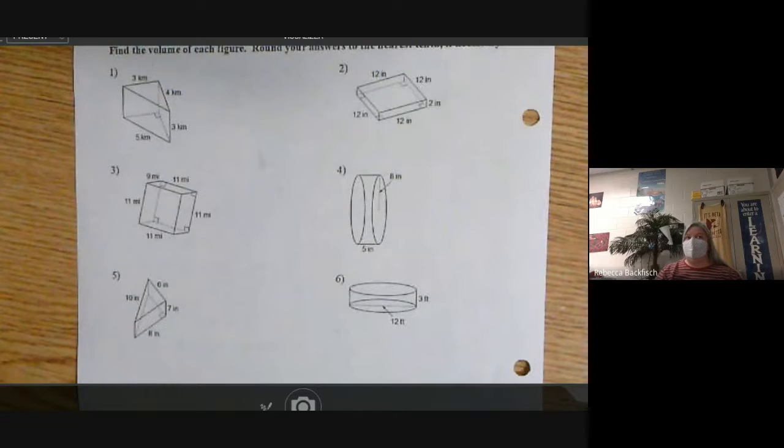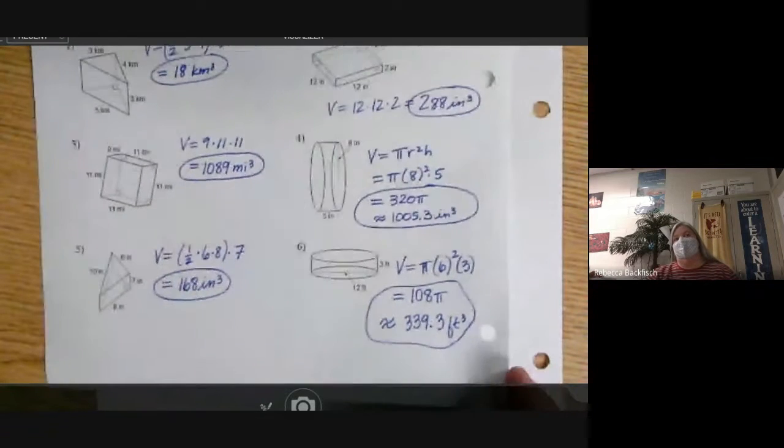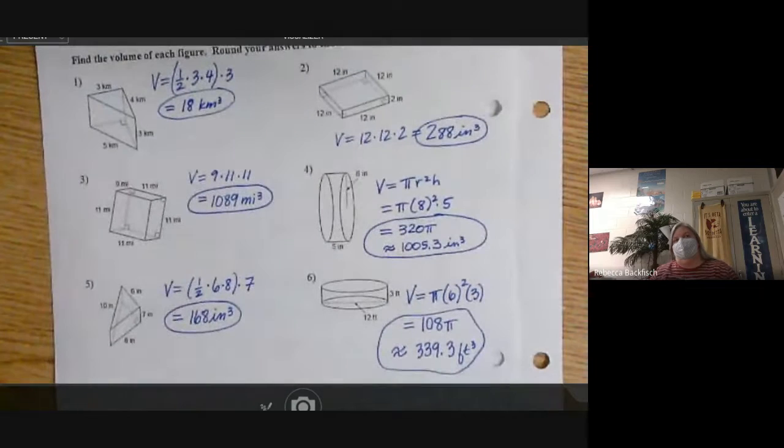If you are not ready to check your answers, you don't have to look. But if you are, there they are. Any of those you want me to talk about how I set it up?